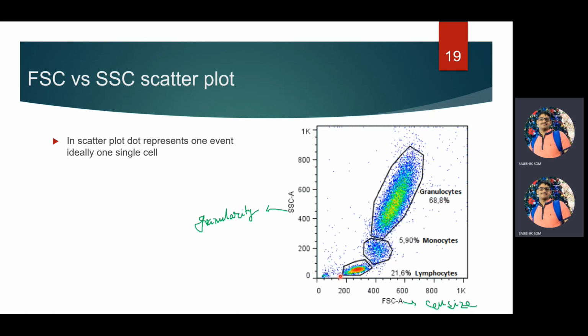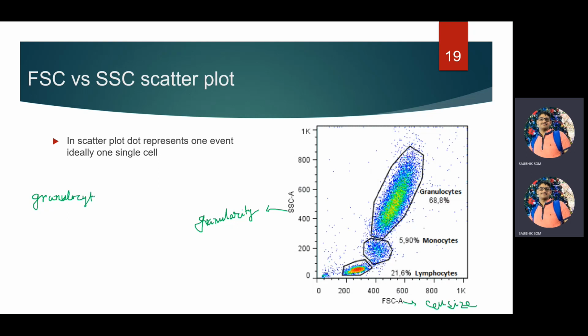Now, since these two depend on cell size and granularity, think of the white blood cells: granulocytes, monocytes and lymphocytes. There are two types of white blood cells based on granularity. This is class 12 knowledge, I think, maybe class 10.